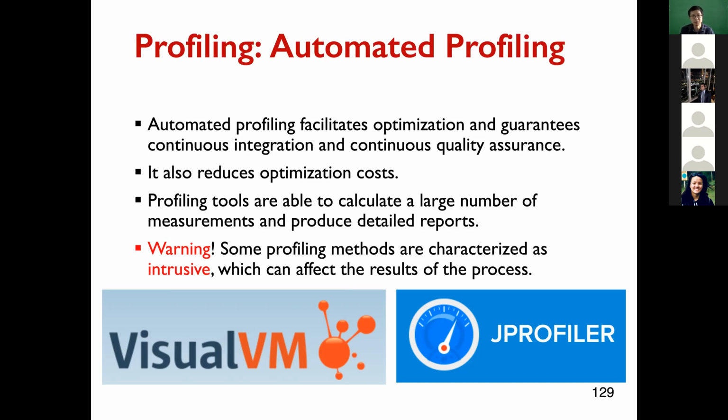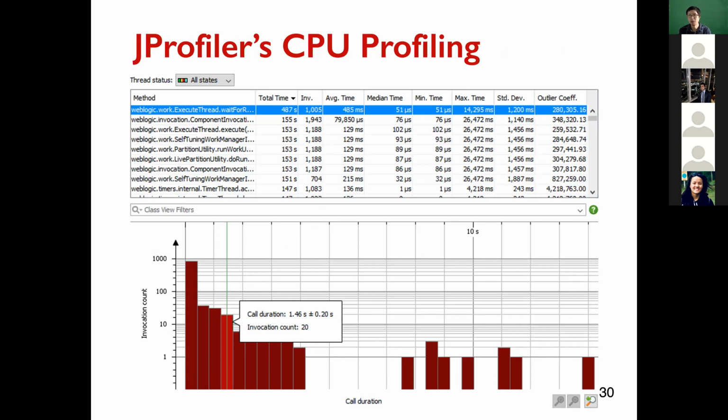I'll just show one example of how we can use JProfiler to profile the CPU usage of a program, right? Basically JProfiler would profile your chosen code of the system, and it will produce a report like this one.